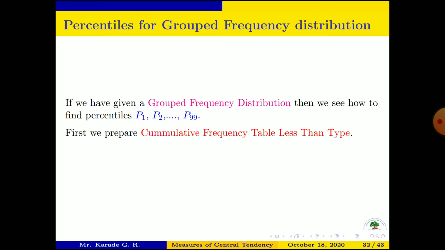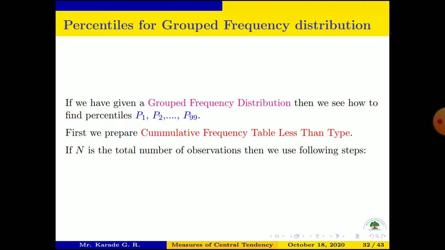First we prepare the cumulative frequency table, less than type. That is our first step, and it is very important to prepare the cumulative frequency table less than type. All of you know how to prepare the cumulative frequency table less than type.